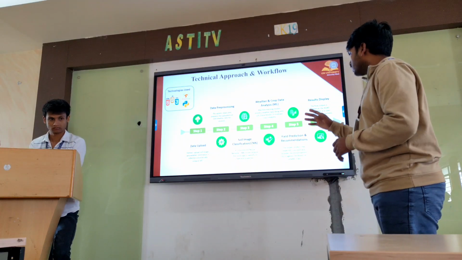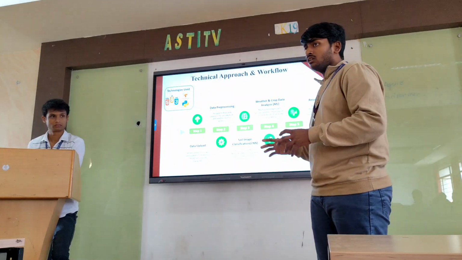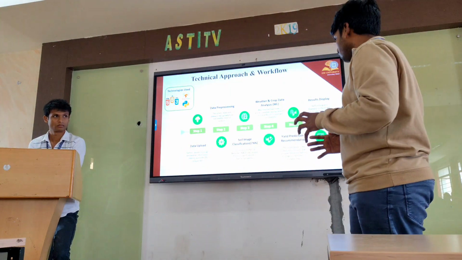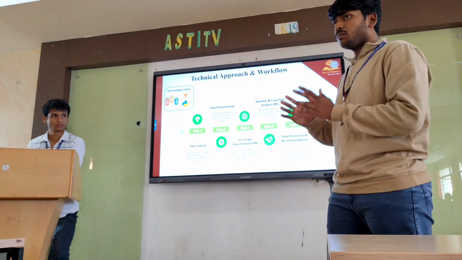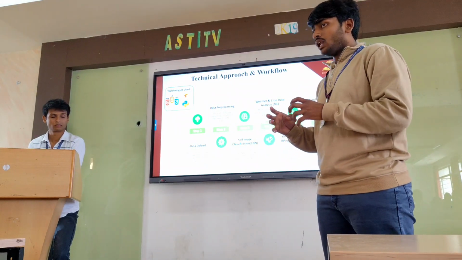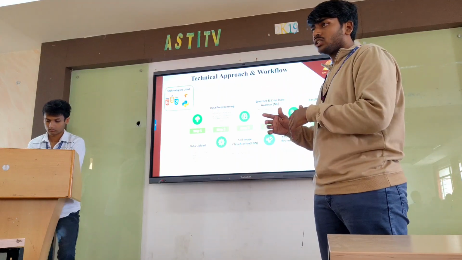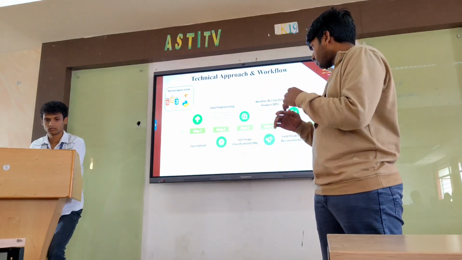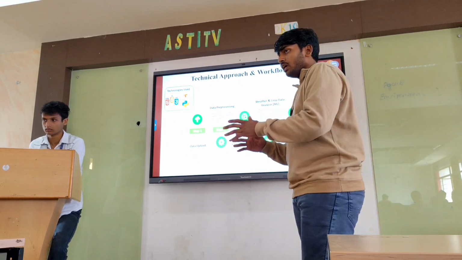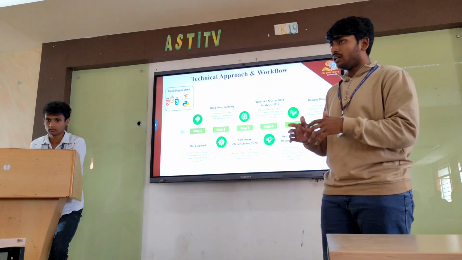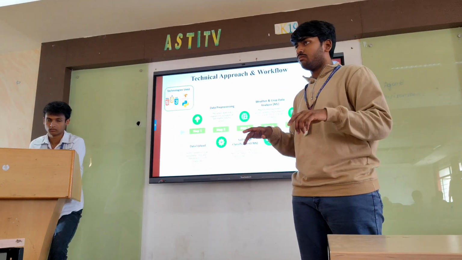In the next part, soil image classification using CNN. After giving the crop image, it will automatically take the geolocation, like when we take photos, the location where the person is standing will be recorded, ma'am.